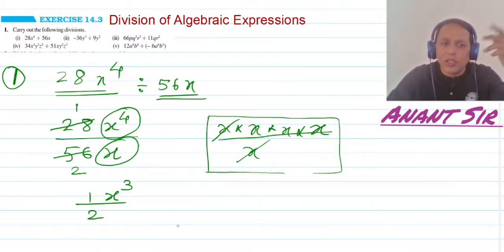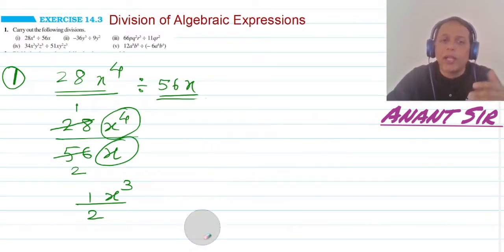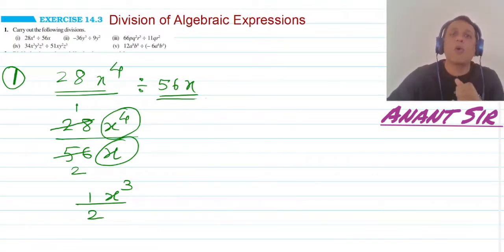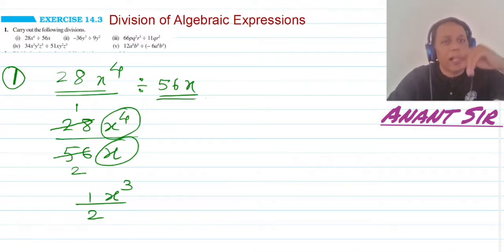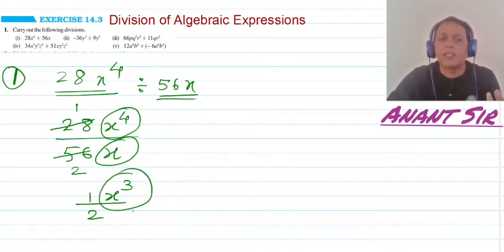You just think how many x's are more in the numerator than in the denominator. There are 4 x's in the numerator and 1 in the denominator, so there are 3 x's more in the numerator. So the answer will have x cube in the numerator. This is the final answer.